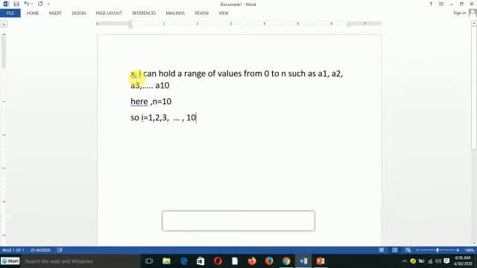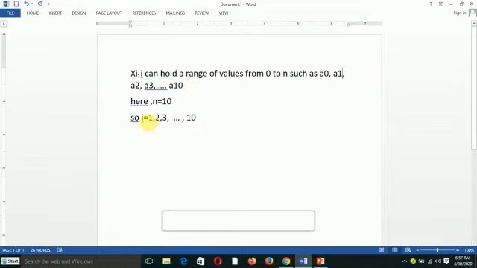I am having xi like this. This means that I can hold a range of values from 0 to n. So for the first value, we can start from a0. Then the next value will be a1, a2, a3 till a10. So here n will be equal to 10, the last value.